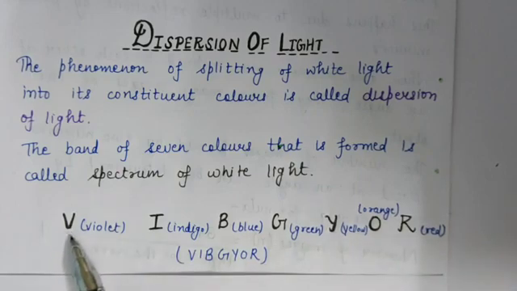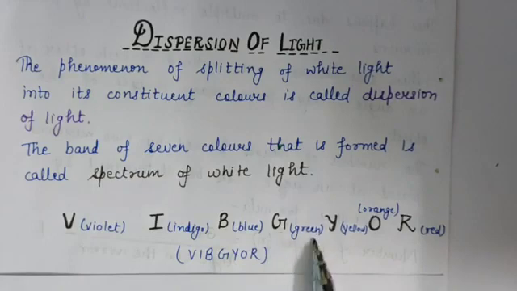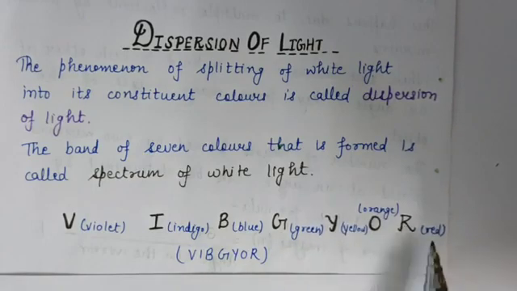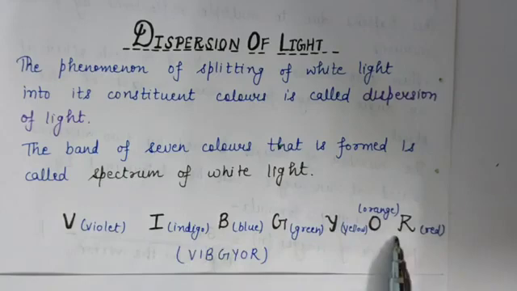V for violet, I for indigo, B for blue, G for green, Y for yellow, O for orange and R for red. The band of 7 colors that is formed is called the spectrum of white light.